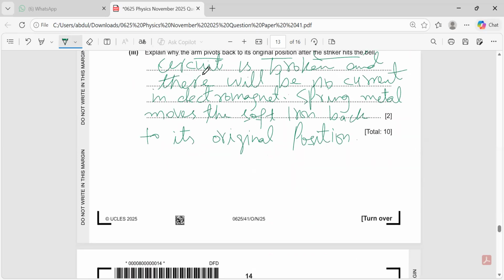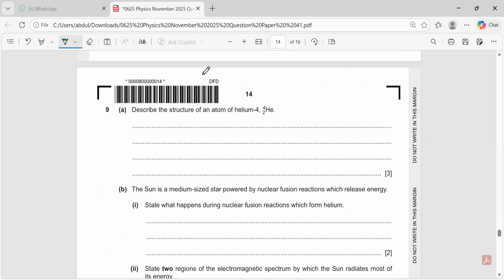Okay, my dear friends. Now next is structure. Describe the structure of an atom of helium. Structure means we need to talk not only about the protons, neutrons and electrons, but also their position. So we can say 2He4: helium has 2 protons and 2 neutrons in the nucleus.